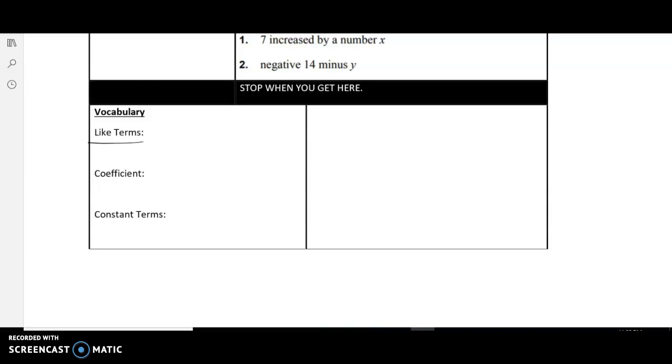So we have like terms, coefficients, and constant terms.